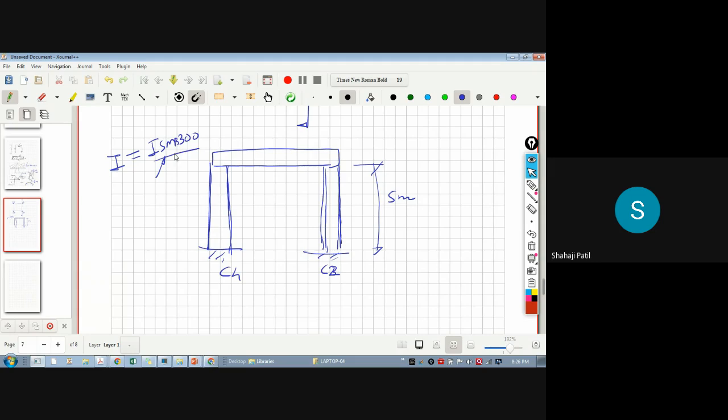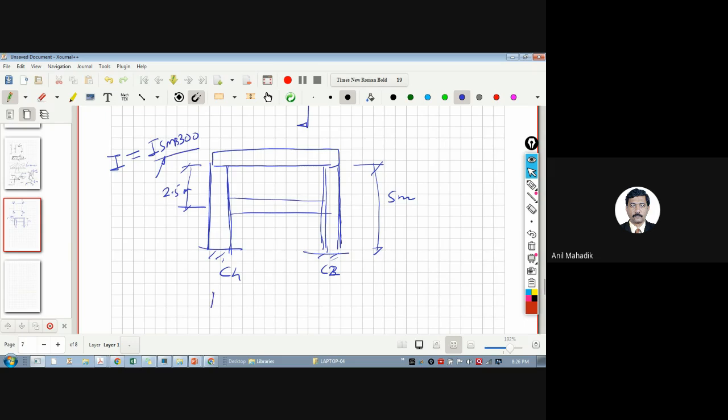Using bracing. Tie beams. Where will we put tie beams? Center of the column. Like this? Yes. So this will become 2.5, right? Do you think it is correct?